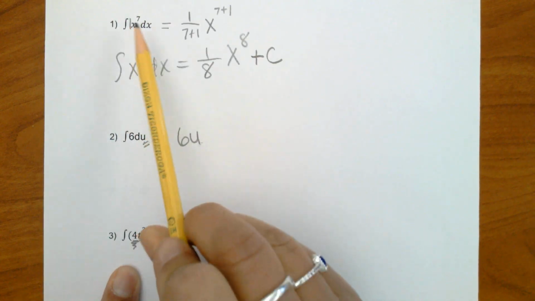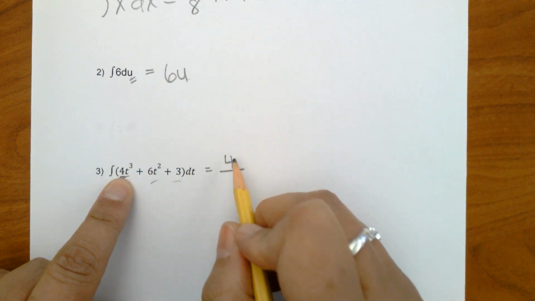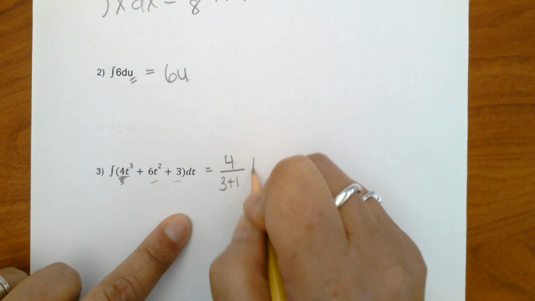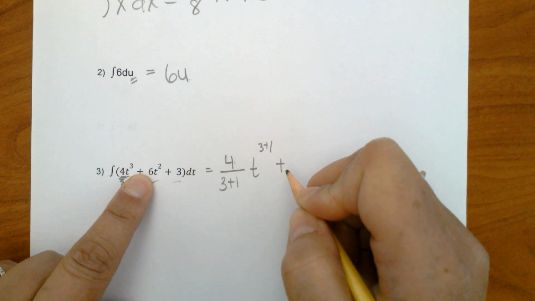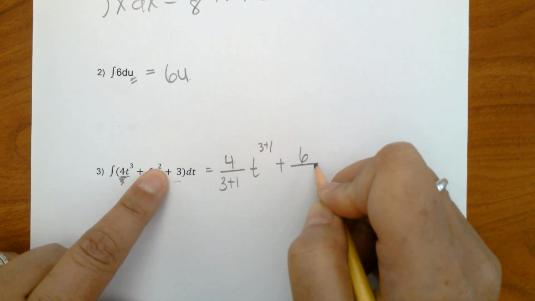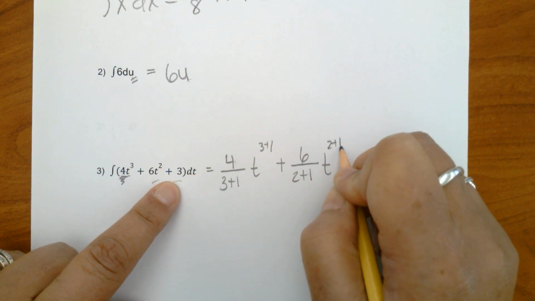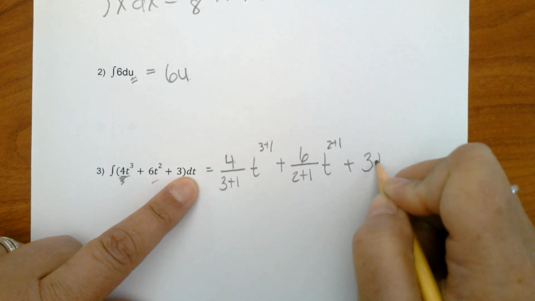Usually we had a 1 in the numerator, but since we have a coefficient, that stays in the numerator. Then we do the exponent plus 1, t to the exponent plus 1. Plus 6 in the numerator, exponent 2 plus 1, t raised to the 2 plus 1. Plus 3 does not have a variable, so it's just going to be 3t.